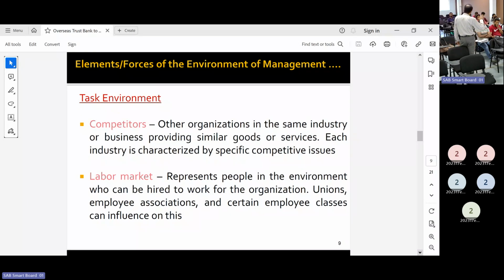Those elements decide the nature of the competition among competitors in the industry. In planning, we will discuss it under strategic planning, another lesson, after the general planning.